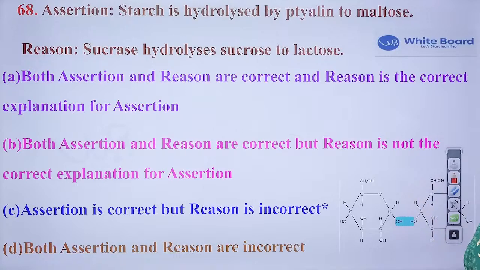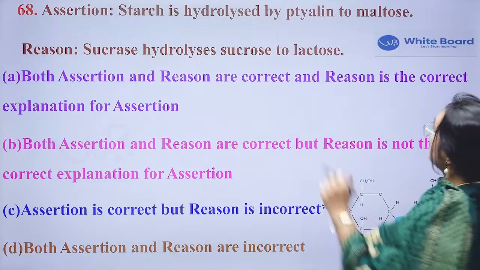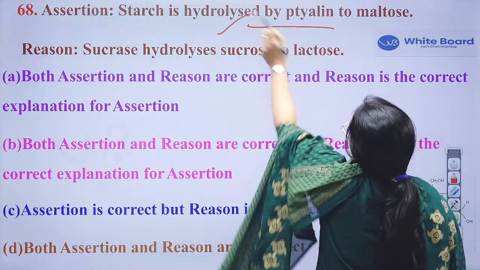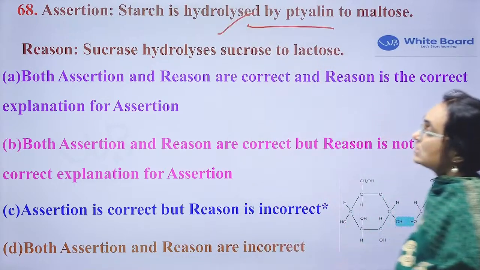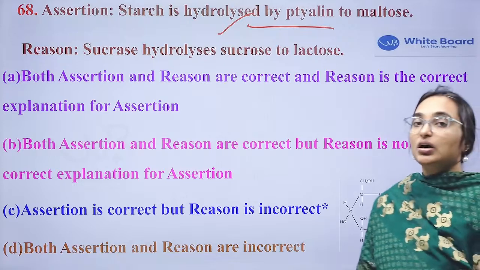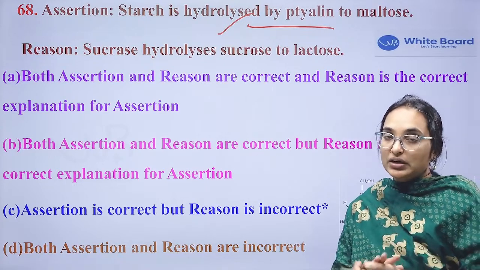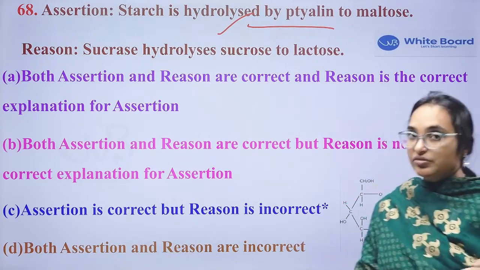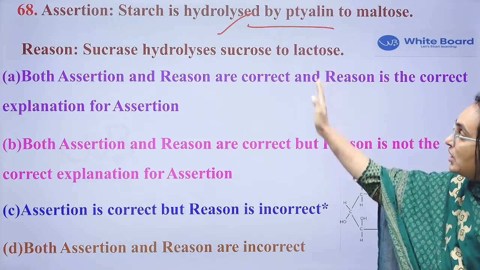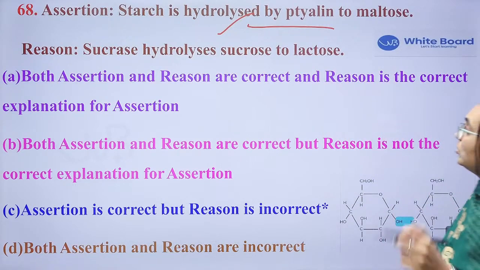Next question. Starch is hydrolyzed by thiolin to maltose. Starch hydrolysis test is a test which tests the ability of the bacteria to hydrolyze starch. That is a different thing. Here in this case, starch is hydrolyzed by thiolin to maltose.